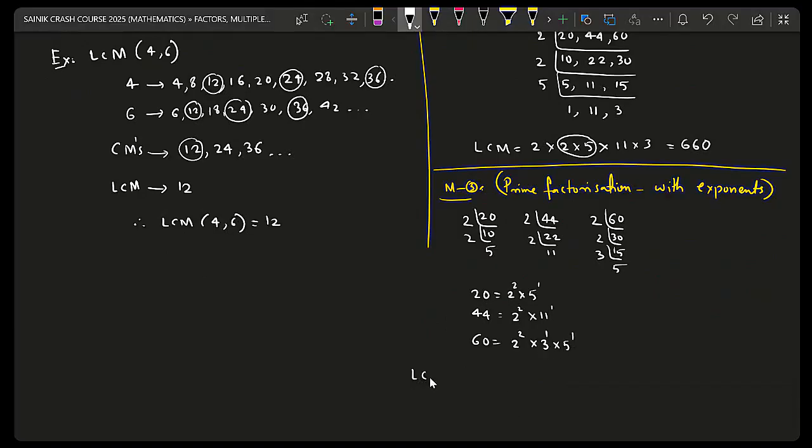So I'm writing a statement for LCM. You have to remember HCF. It is quite similar to HCF statement, but two things will be opposite. So for HCF, I'm recalling this statement. It is a product of lowest powers of only common factors.